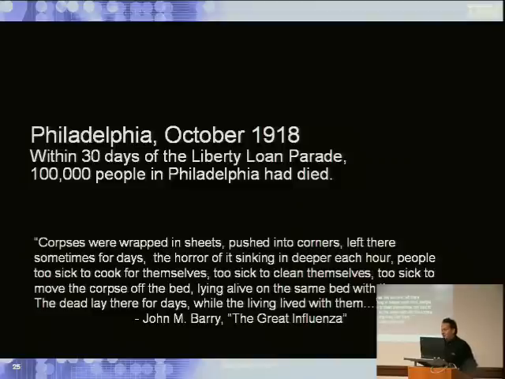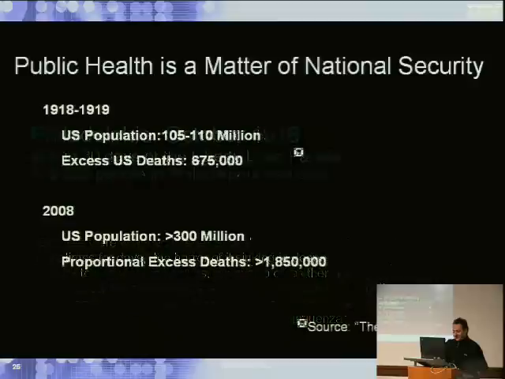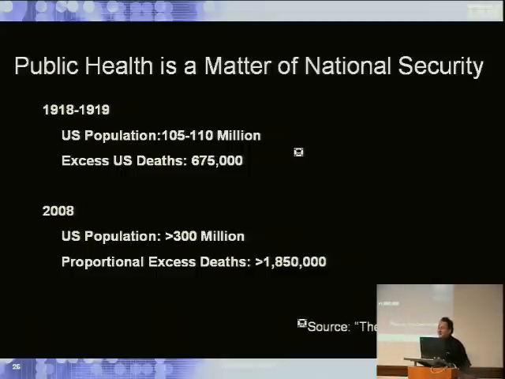More soldiers died from Spanish flu than died in combat in World War I. So you might imagine that public health should be attended to as a matter of national security. If you think about the number of people that could be affected, new diseases are entering the human population all the time.